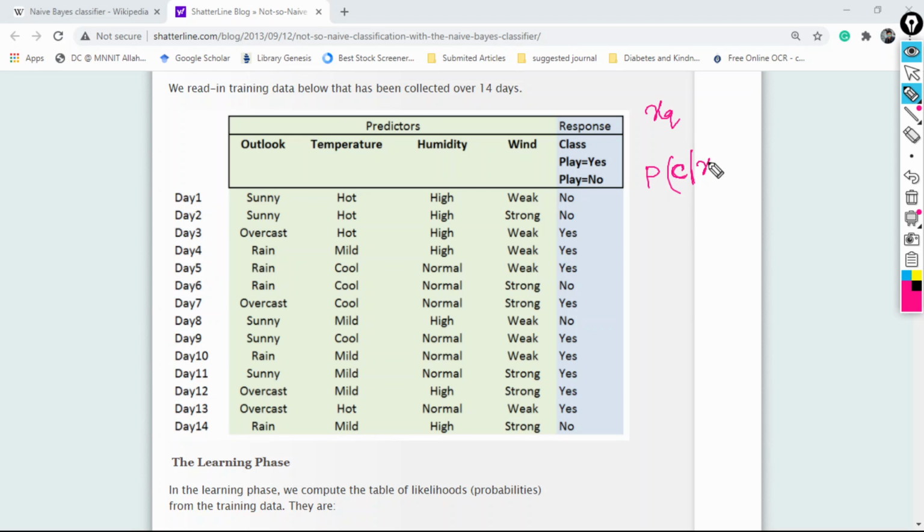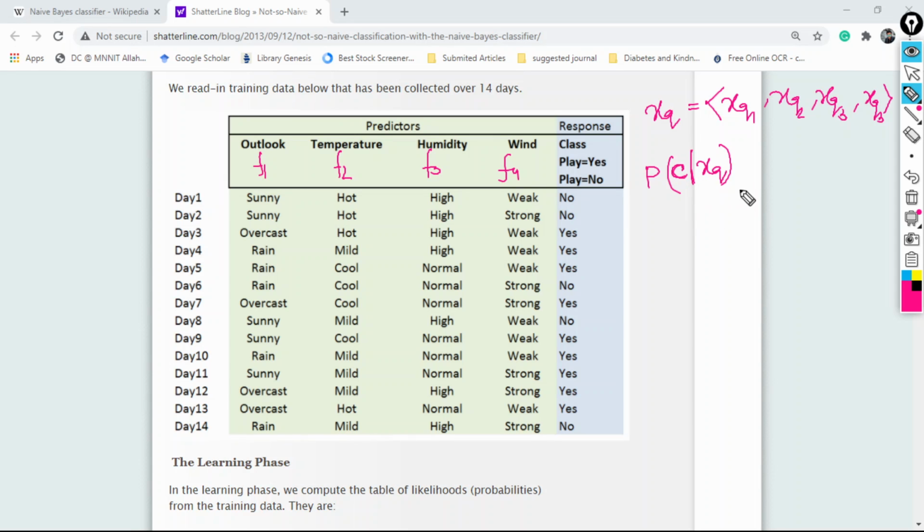We are interested in finding this probability for xq, which consists of f1, f2, f3, f4, and for the query point we have q1, q2, q3, q4. This is our probability.